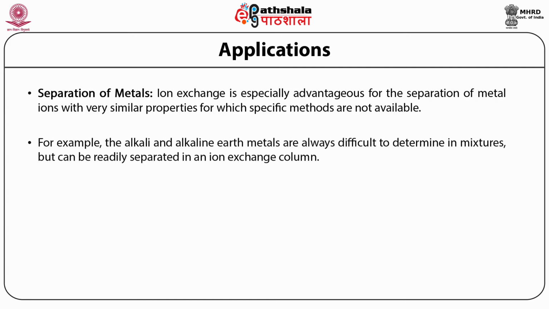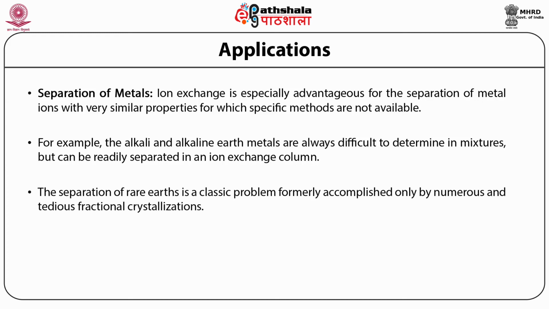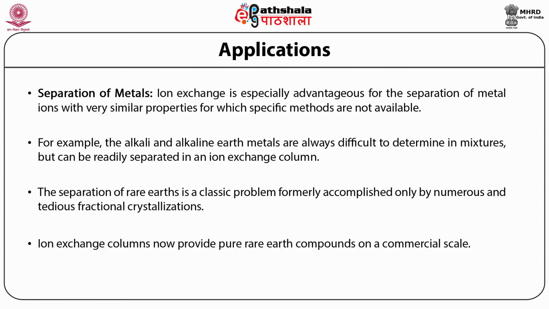For example, the alkali and alkaline earth metals are always difficult to determine in mixture but can be readily separated in an ion exchange column. The separation of rare earths is a classic problem formerly accomplished only by numerous and tedious fractional crystallizations. Ion exchange columns now provide pure rare earth compounds on a commercial scale.